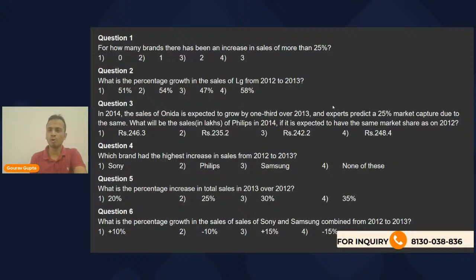Now, before we start with the discussion, I want all of you to write the option numbers of all these 6 questions, which are your answers. Let's say you have done questions 1, 2, 3, 4, and 6. Write it this way: option 1, option 2, option 3, option 1, dash, and then option 4.